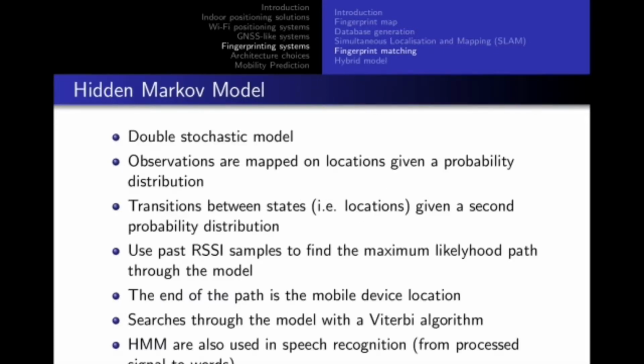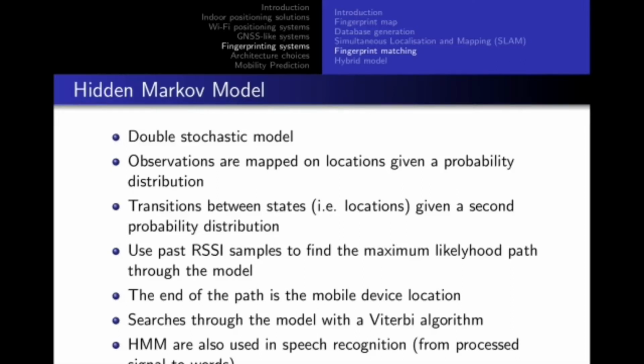You also can push this Bayesian model a bit further with the hidden Markov models, which is a double stochastic model in which the observations are mapped on locations given a probability distribution, and the transitions between the states, so the transitions between the locations, are given a second probability distribution.